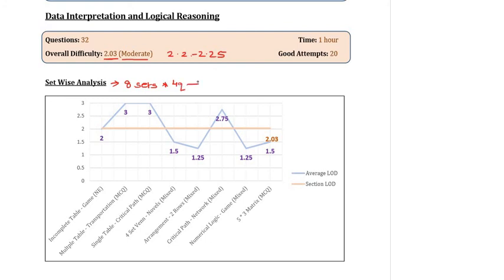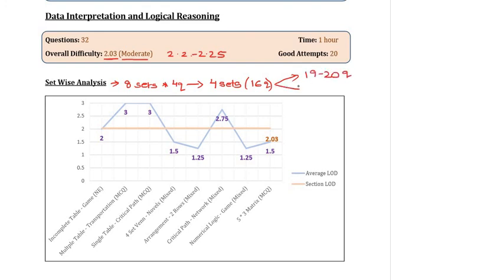Generally, the benchmark number for the CAT as far as the sectional cutoff is concerned is 4 sets or 16 questions. If the mock or the section is slightly easier, as in this case, this can go up even to 19 or 20 questions.